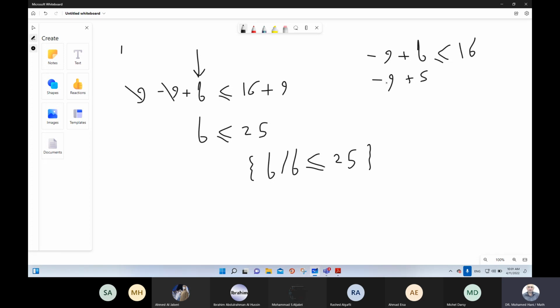Is negative 9 plus 5 less than or equal to 16? Negative 9 plus 5 is negative 4. Yes, negative 4 is less than or equal to 16. So this is a true solution.